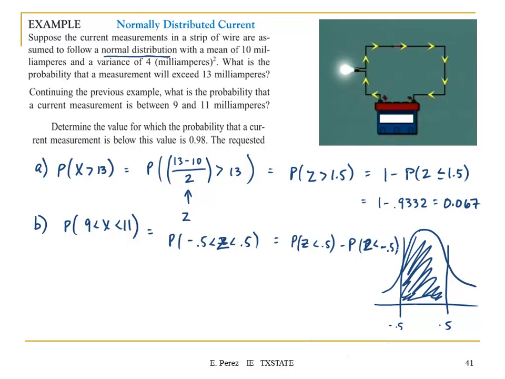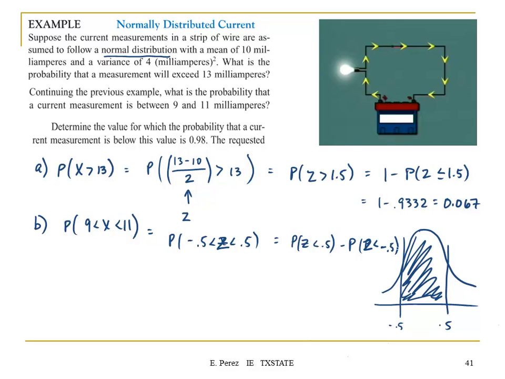How are you getting from 9 to 11, and then 0.5? Yeah, I skipped one step, but basically it's using the transformation. That's a good question.